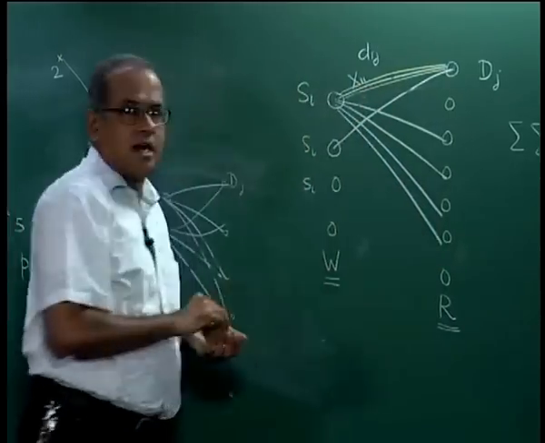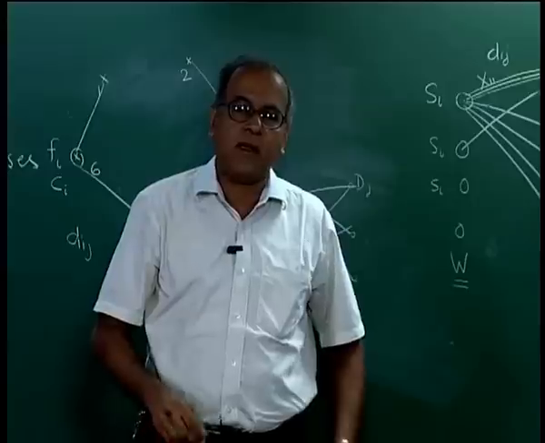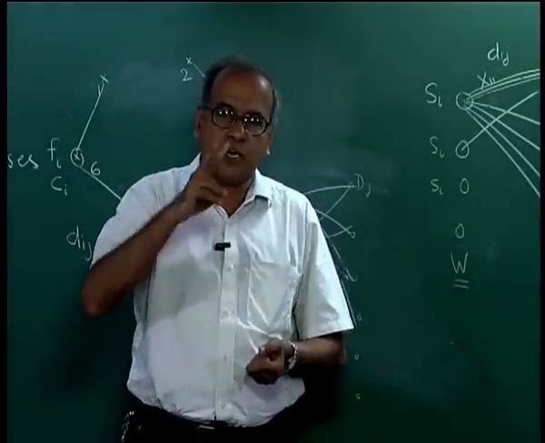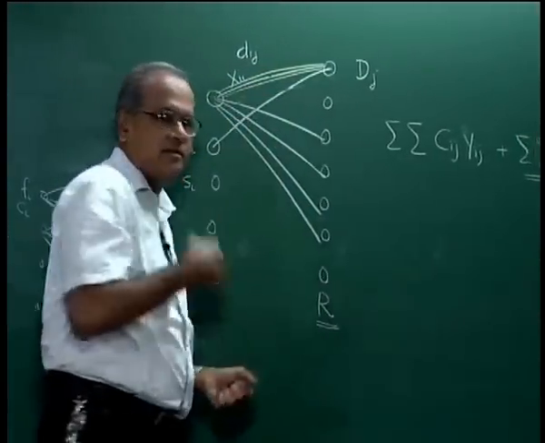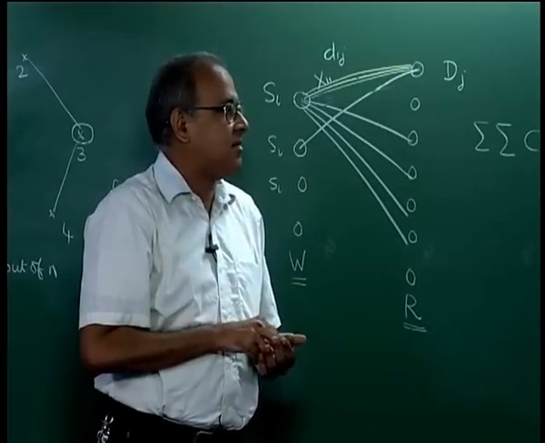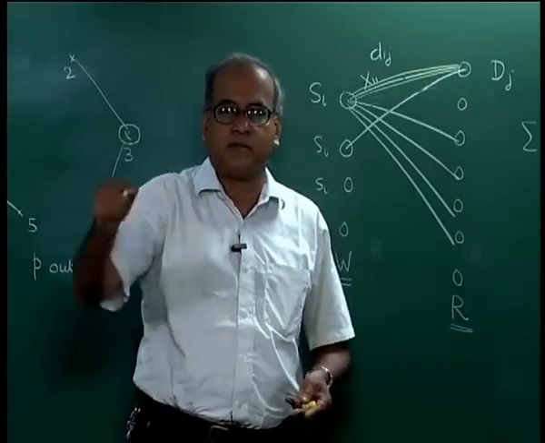This fixed charge would be like an additional toll that I may have to pay if I choose to transport from this to this. So, there are two decisions. First of all, whether I choose to transport from i to j, and then if I choose to transport from i to j, what is the quantity that I transport from i to j.